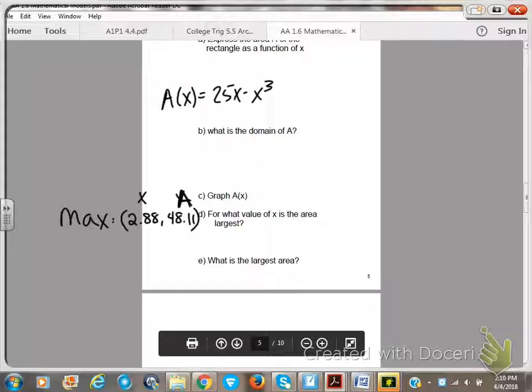So what value of x gave us the maximum? Good. So this is asking specifically for the x value. So part D is x equals 2.88. Part E, what is the largest area? Good. A equals 48.11. Very good.